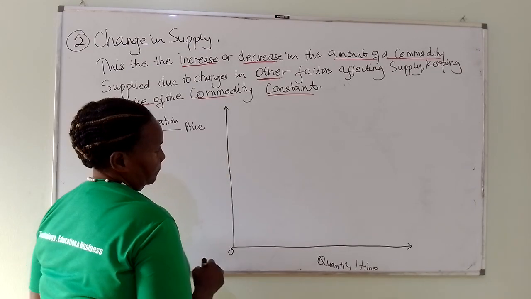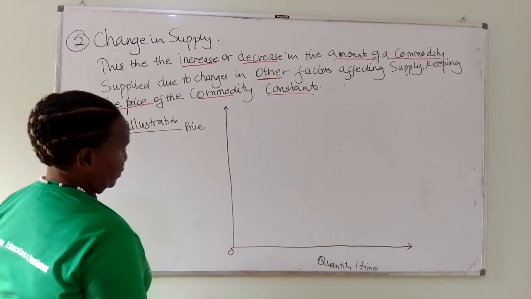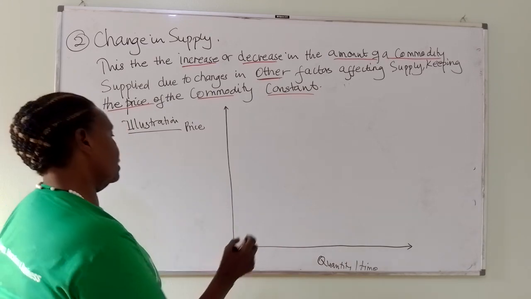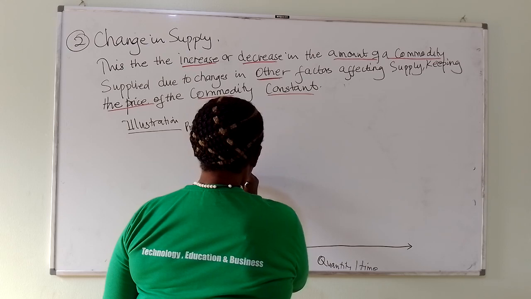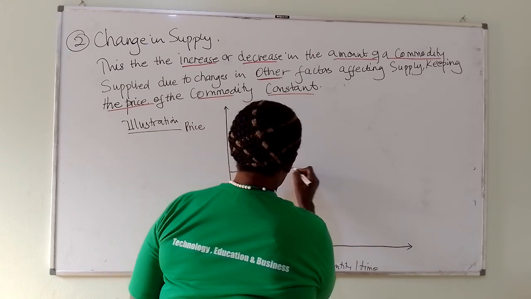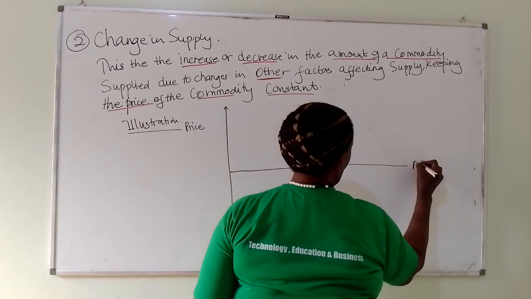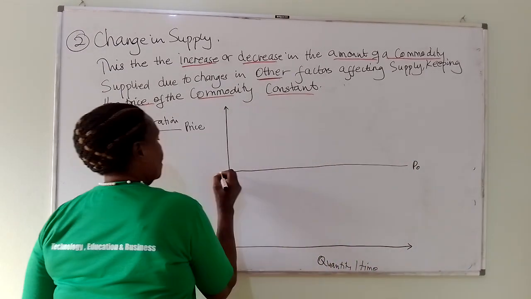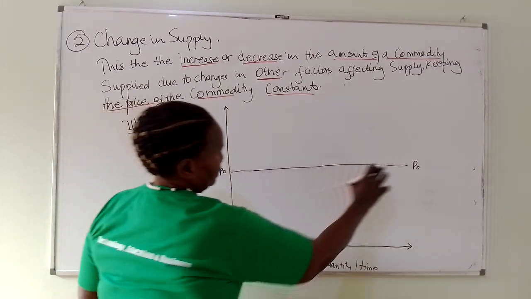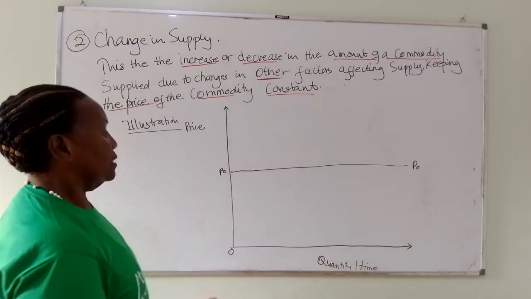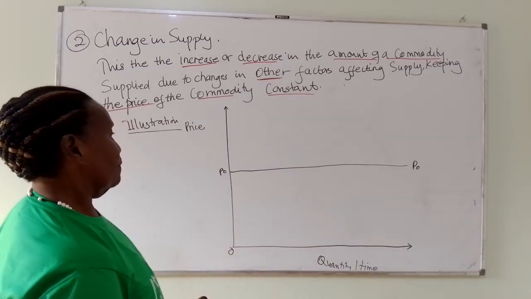We are saying that the price is constant, so if this is the price line, how do we make our price constant? By drawing a horizontal line which is parallel to the x-axis. So this is our price P0, which is the same. It is neither increasing nor decreasing, but it is represented by a stationary line or a horizontal line to the x-axis.